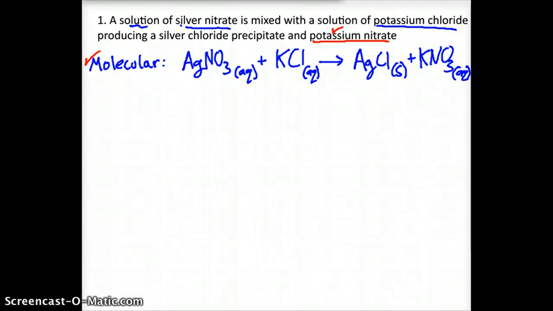The next step is to write the ionic equation. What an ionic equation shows, the definition to know, is all of the ions, all of the species that are present in the mixture. So what we need to do to write the ionic equation is take any compound that can ionize and separate it into its ions.